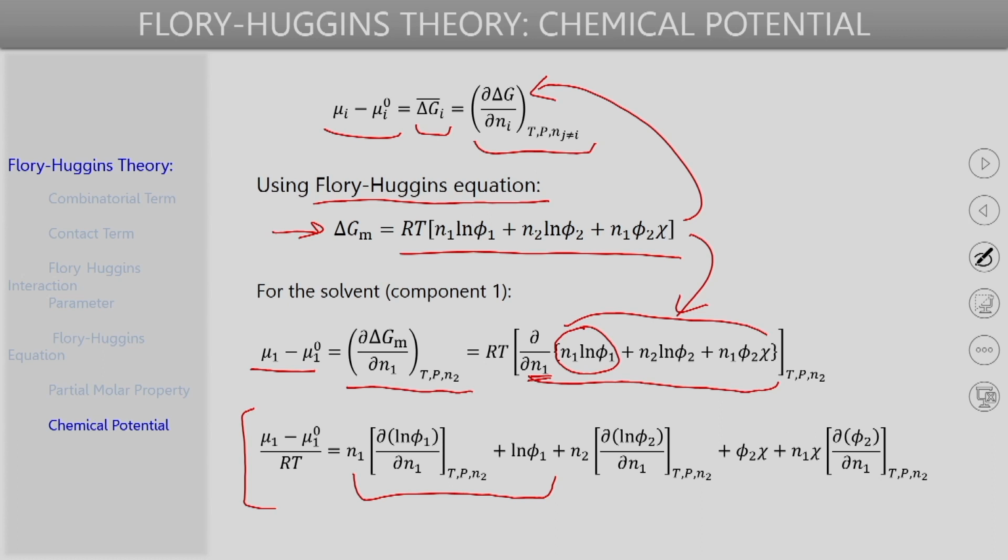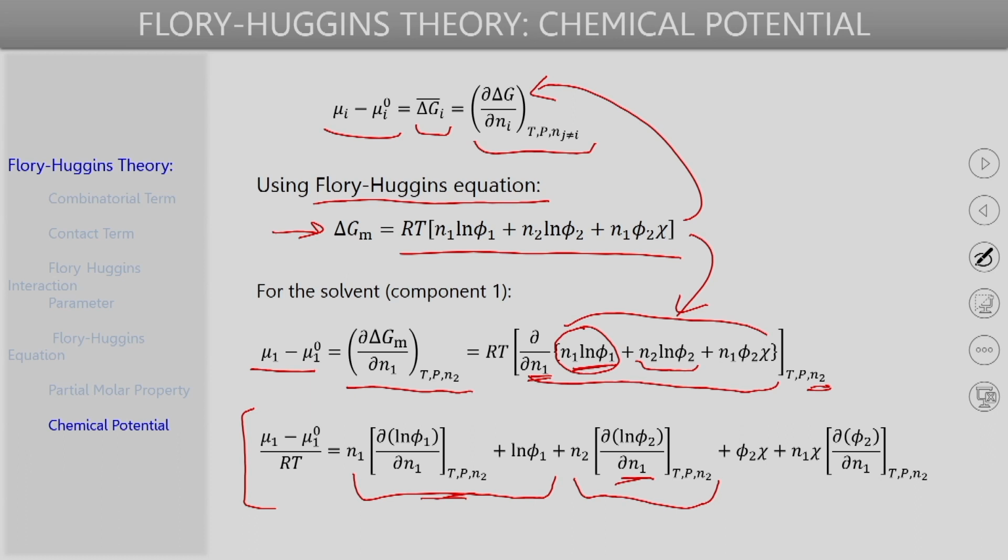Then the partial derivative of the second term with respect to n1 gives only this one term. The reason is that in taking this partial derivative, n2 is considered to be maintained constant. So n2 can be taken outside, and only the derivative of ln phi 2 with respect to n1 has to be taken.